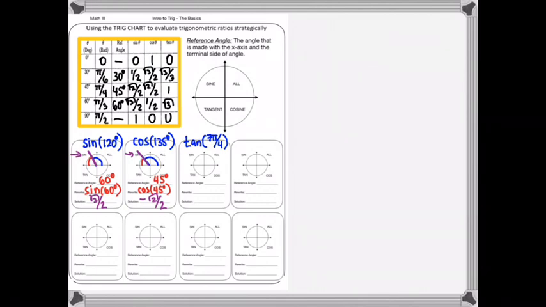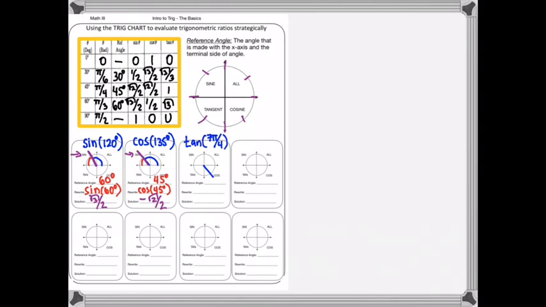If this is going to be a 4 right here in the denominator, we know that we want to count around the circle: 0 pi over 4, 1 pi over 4, 2 pi over 4, 3 pi over 4, 4 pi over 4, 5 pi over 4, 6 pi over 4, 7 pi over 4. And so we know that it's going to land right here.